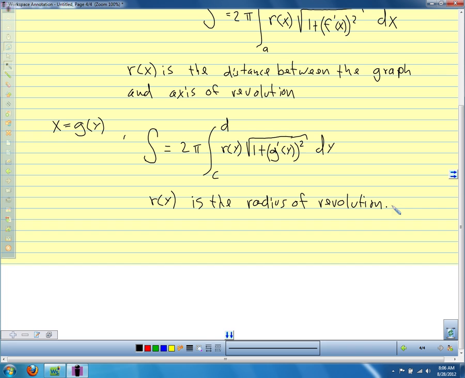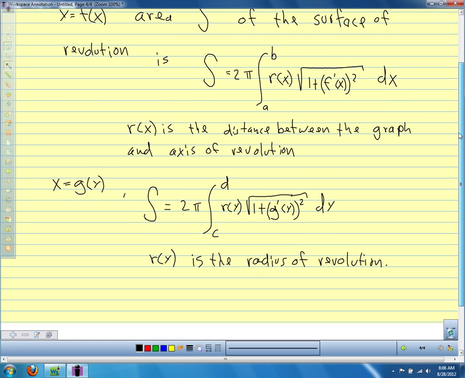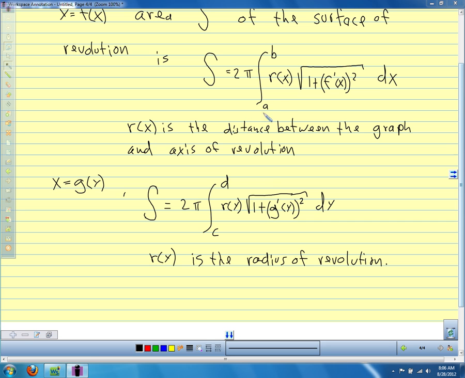A lot of times the books will give you 4 different formulas depending on whether you have a function of x or a function of y, whether you're rotating about a vertical or horizontal axis. It's the same idea. I think this condenses it, because you just have to think: I have a function of x, I need to express my radius as a function of x. When I have a function of y, I need to express my radius as a function of y.